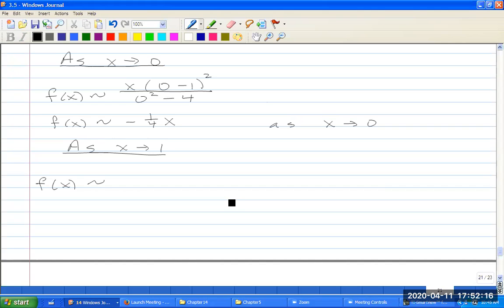Now let's do this. As x approaches 1, I'll just leave it as x minus 1 squared over 1 squared minus 4.